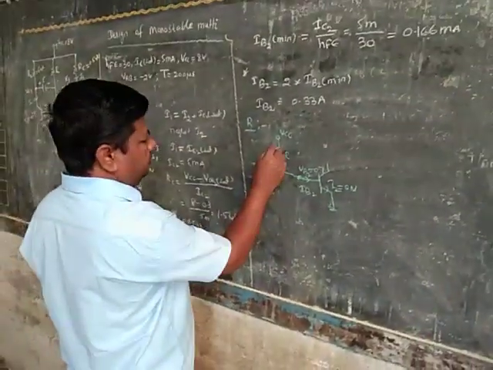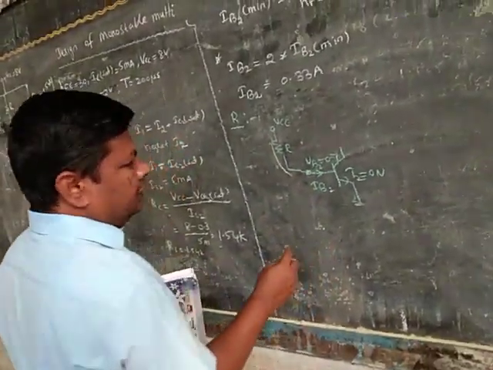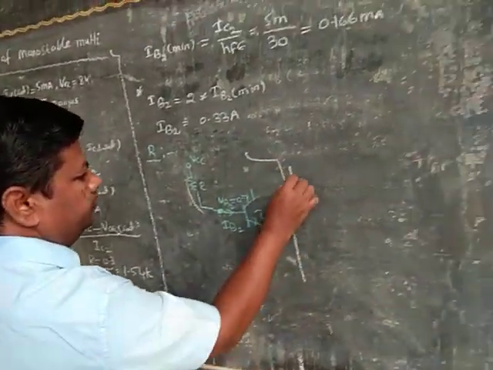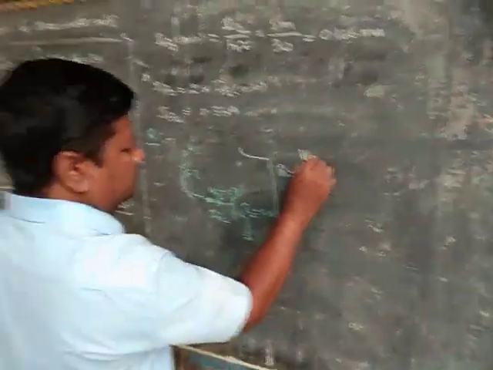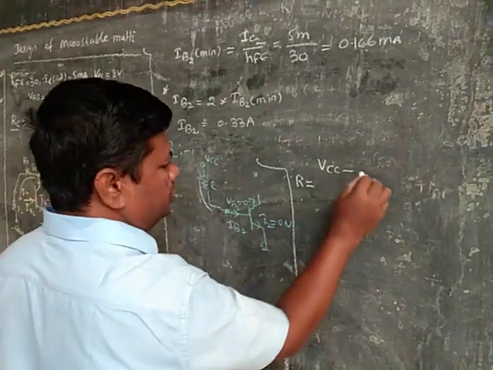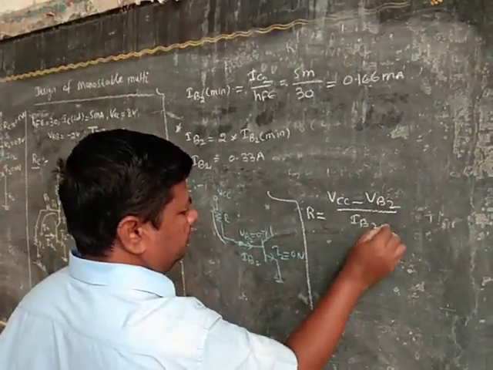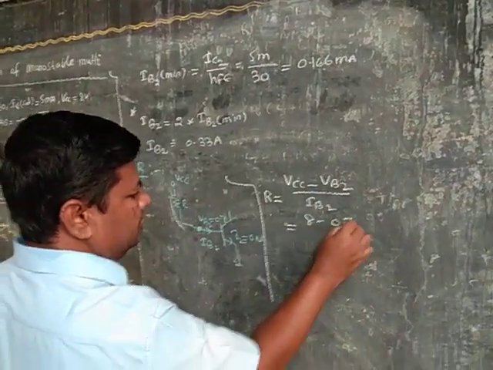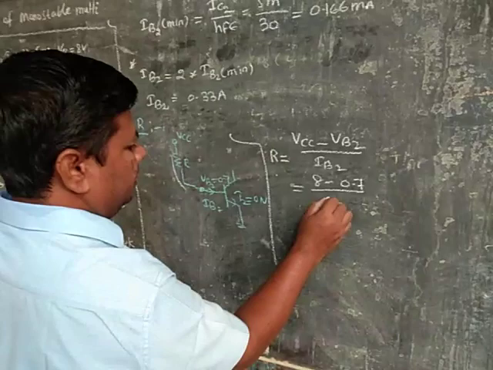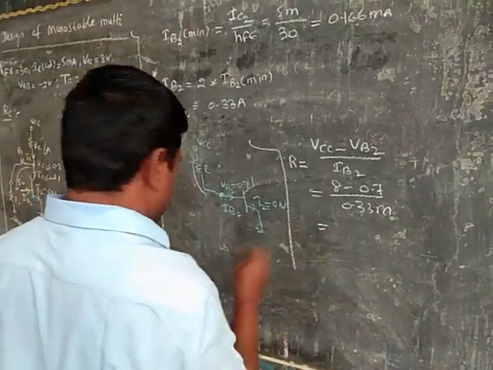Now apply KVL to this loop. Then R is equal to VCC minus VB2 divided by the IB2 current. That is equal to 8 minus 0.7 divided by 0.33 milliamperes.